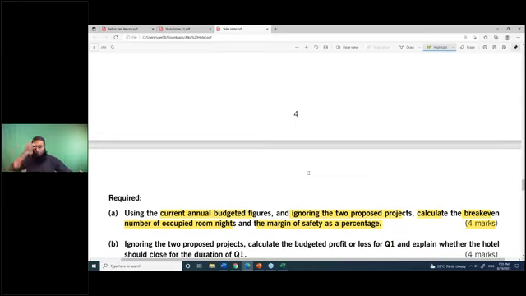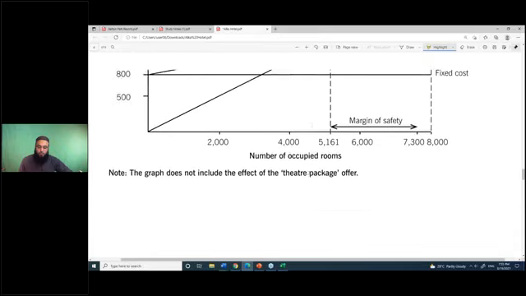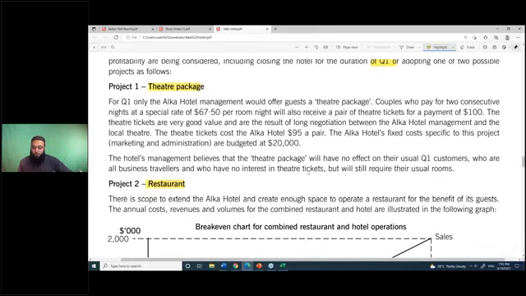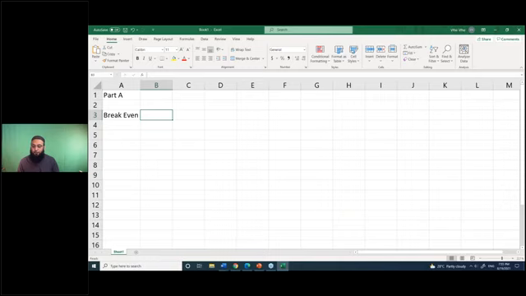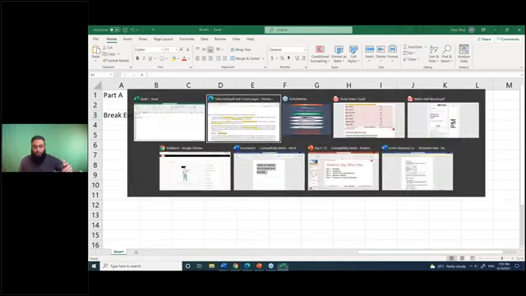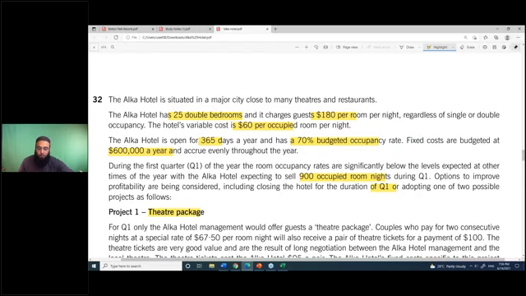Break even in terms of rooms occupied, which means in terms of units. If you are calculating break even in terms of units, you don't have to write the formula, but you must know the formula. So what is the formula? The formula is fixed cost divided by contribution per unit. Okay, this is what I need.